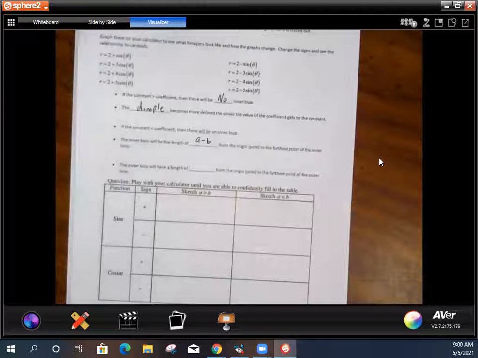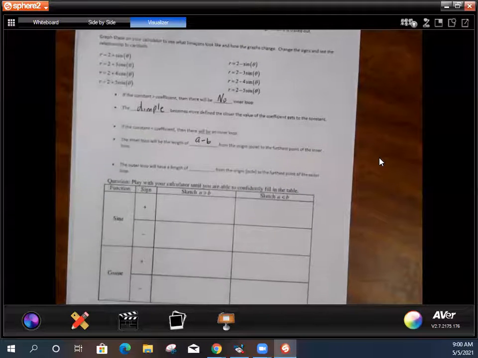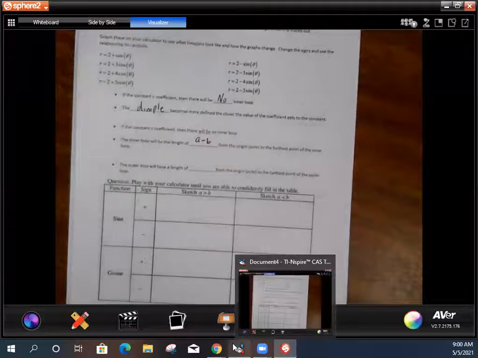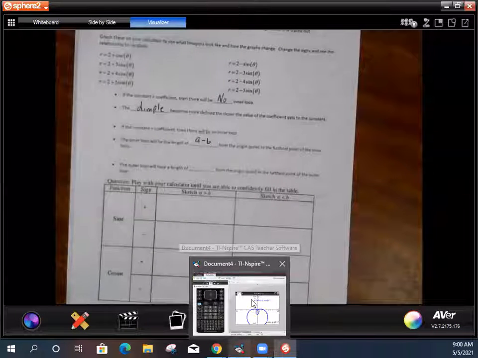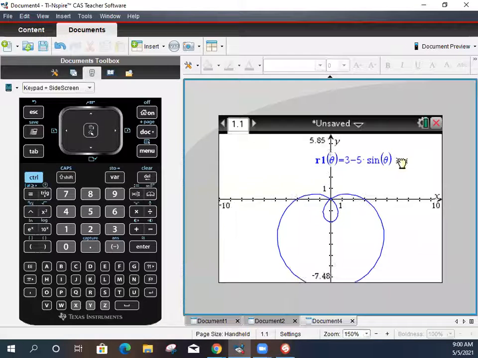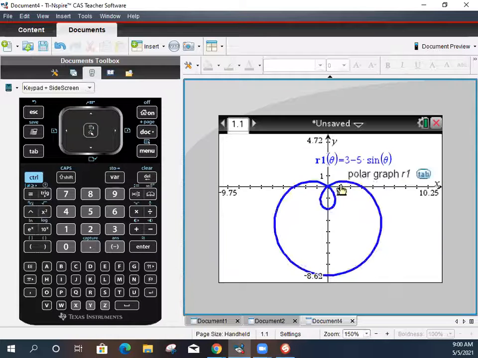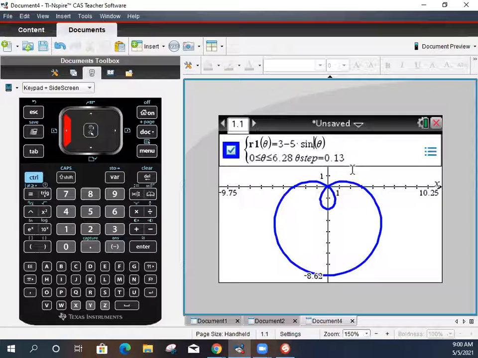And then the outer loop, the actual Limaçon, the bigger circle, let's see if we see a connection between A and B and the length of the loop. Right now, this big loop has a length of 8: 1, 2, 3, 4, 5, 6, 7, 8, with 3 and 5. Let's say I make this 2 and 3.